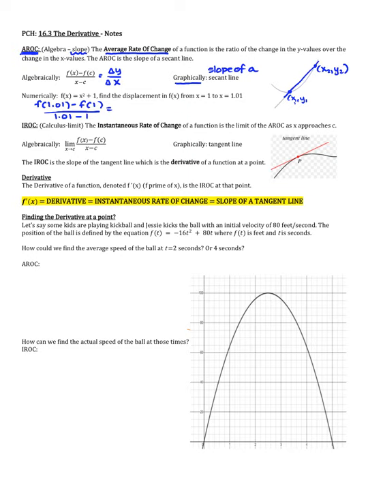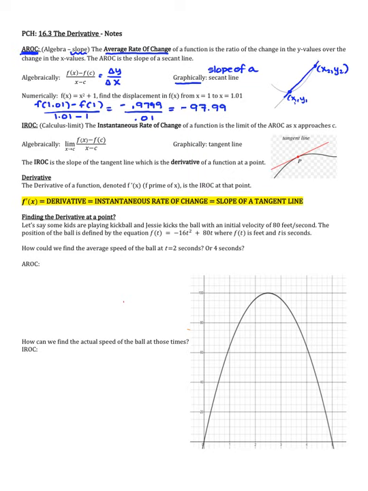So we would get on top negative 0.9799 divided by 0.01, and that would give us negative 97.99. That would be your average rate of change. It's your slope, as we traditionally would find in an algebra class.